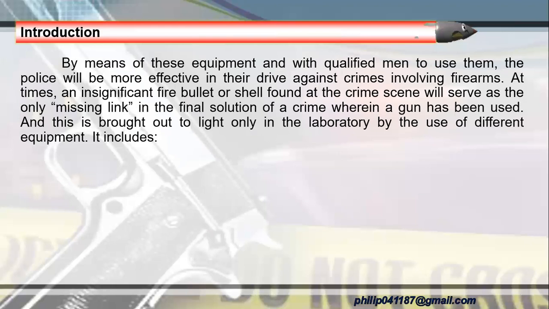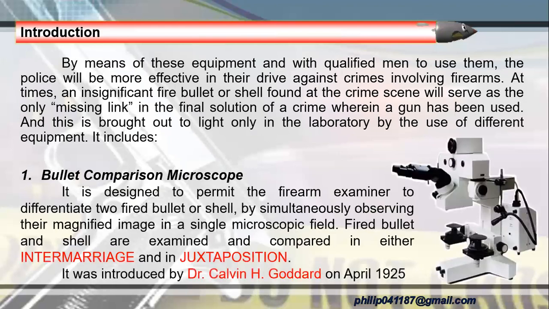One of the equipment which is very important is the bullet comparison microscope. The bullet comparison microscope is designed to permit the firearm examiner to differentiate whether it is a fired bullet or fired shell by observing in a single microscopic field.